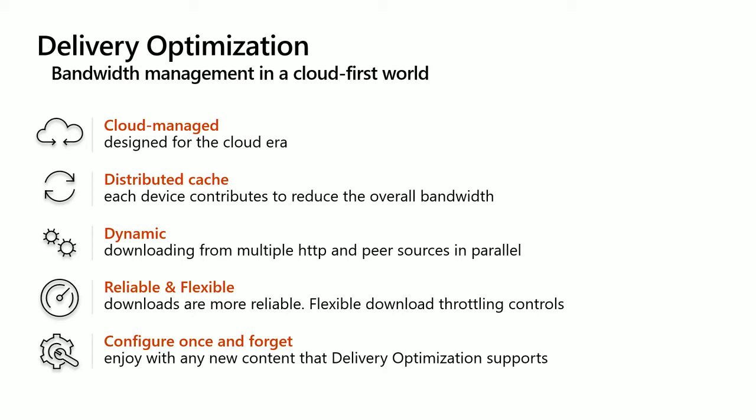But if you really want to see the true benefit of it, and optimize to get more data to come from peers, you have a set of configuration that we expose through MDM policies, through group policies, for you to go in and continue to fine-tune the performance. I'll talk just about a few recommended policies that you should look at. But there is full documentation on the breadth of policies that are available that you should go check out.